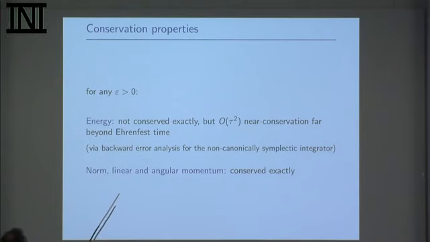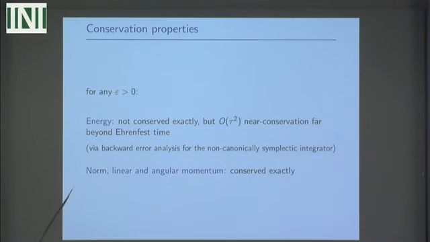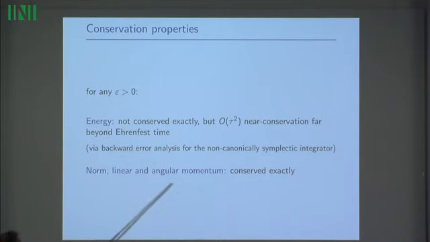So one must go back to the ODE case, use the Poisson structure, and then one can derive this result. And again, by construction, norm, linear, and angular momentum are conserved exactly, because it's a composition of flows which have these properties. So it has essentially the same nice conservation properties as the continuous flow.